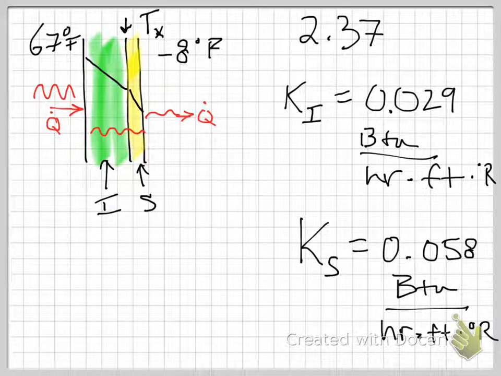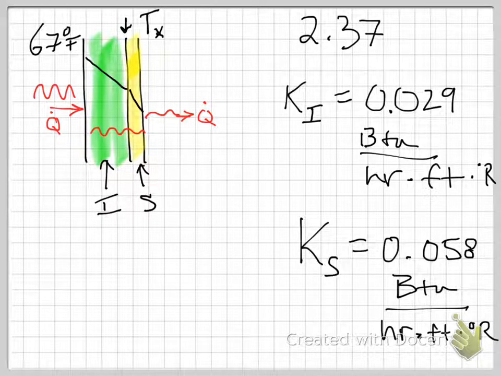Because we're using degrees Rankine, I'm going to go ahead and change these temperatures to Rankine. Rankine is the Fahrenheit version of absolute temperature, the Fahrenheit version of Kelvin, and to get degrees Rankine, you take the degrees Fahrenheit and add 459.67.